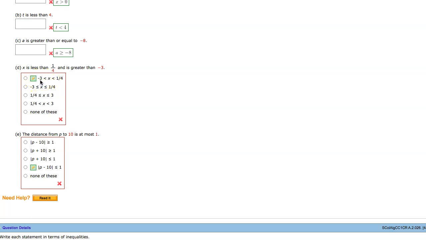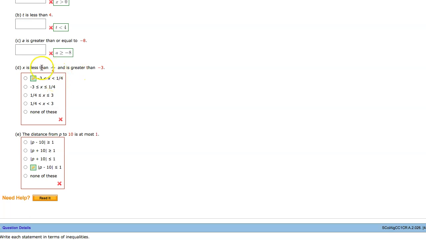So -3 is McDonald's, x is Longhorns, and now 1/4. X is less than 1/4. Imagine 1/4 is like an upscale restaurant in Manhattan, like $40 for a hamburger, $300 for a steak.